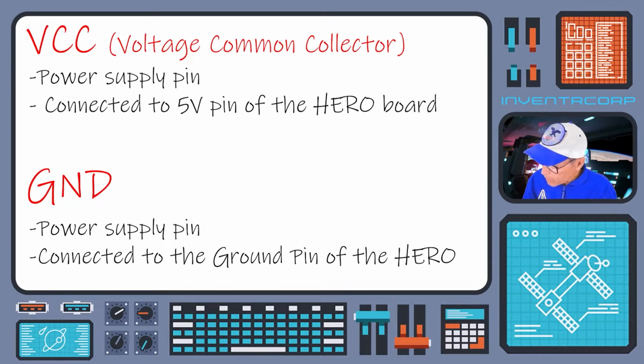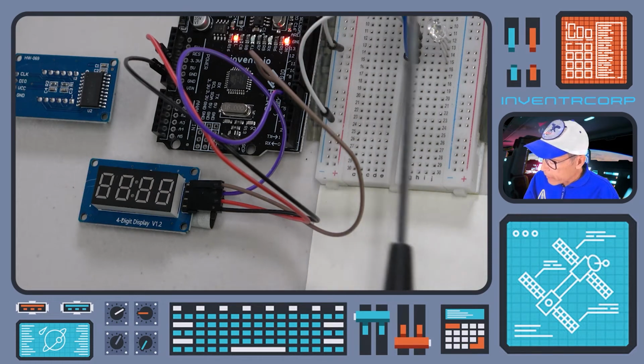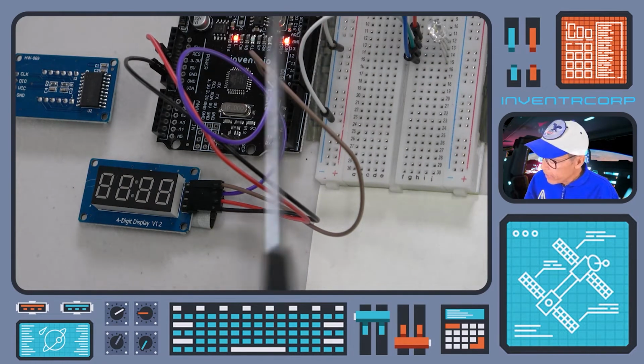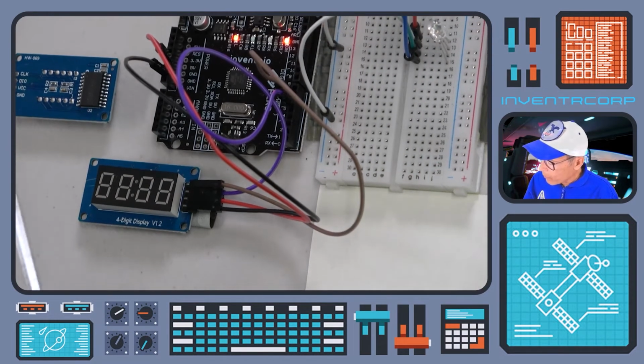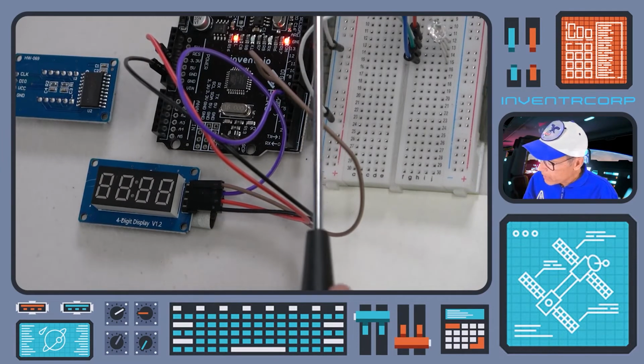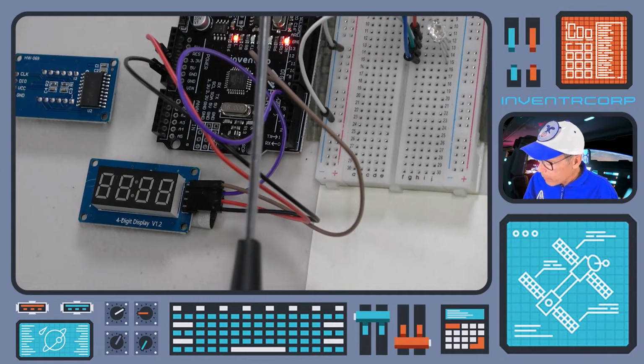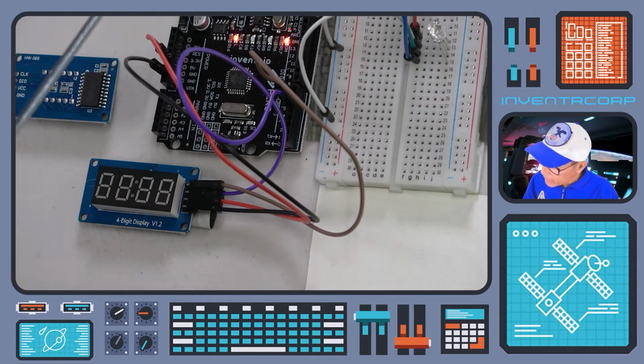You'll notice that for today's session, we've disconnected everything from the breadboard. It's still sitting over there from our last session, but really today we're going to be focusing exclusively on connections between the hero and our 7-segment display.